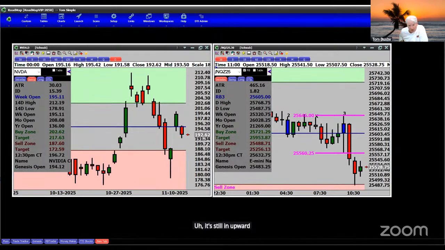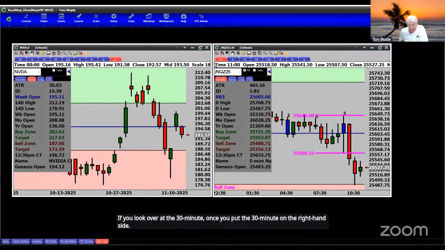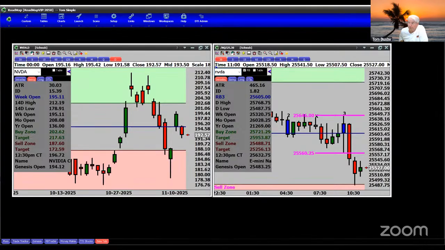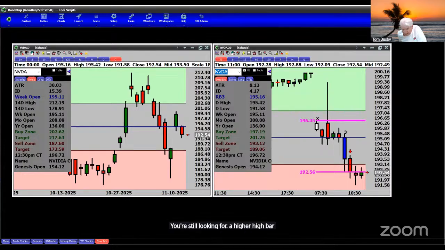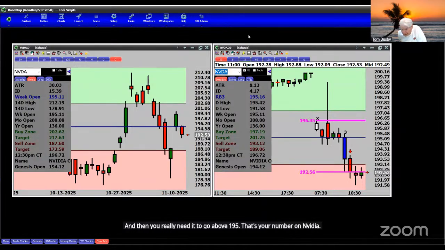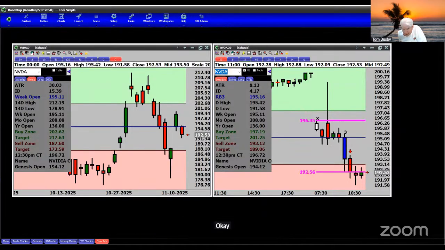Now, short term, if you look over at the 30-minute, once you put the 30-minute on the right-hand side, you're still looking for a higher high bar. You don't have it yet. And then you really need it to go above 195. That's your number on NVIDIA, okay? 195.